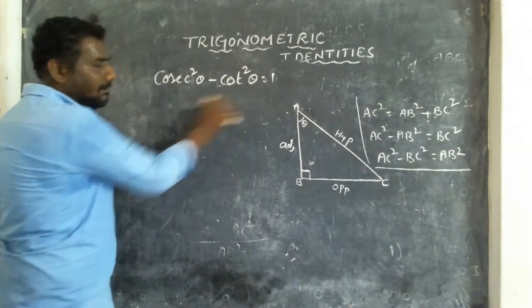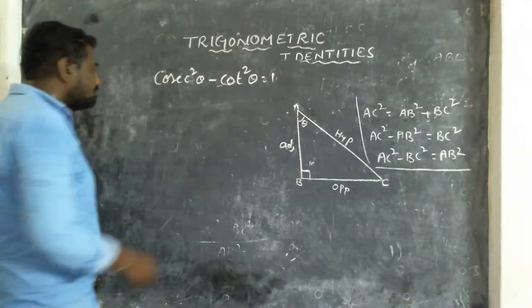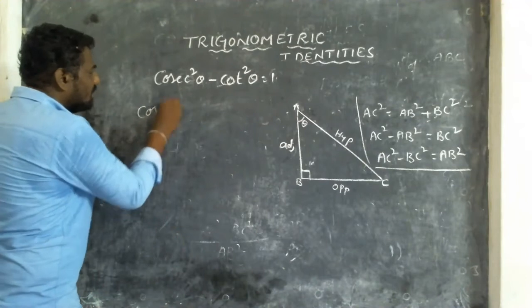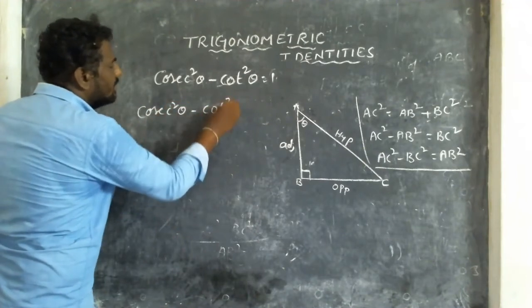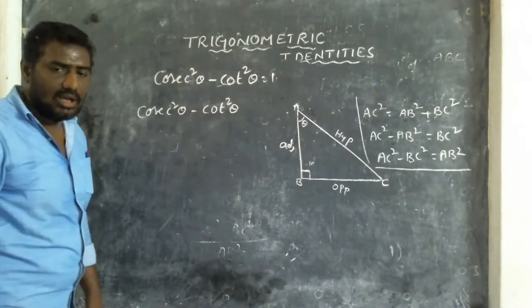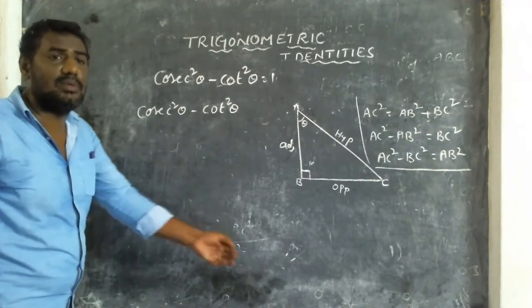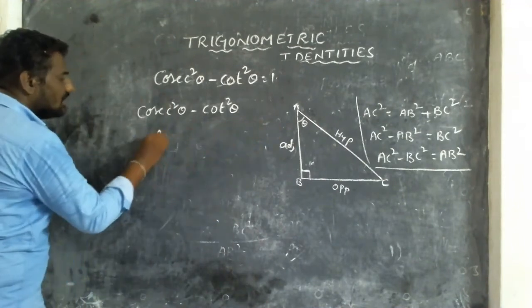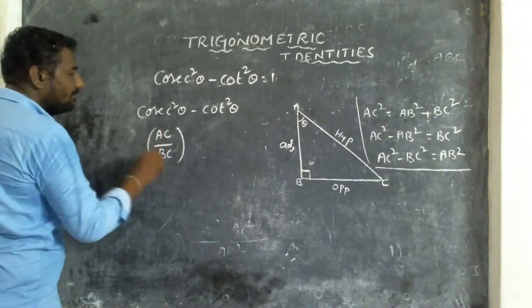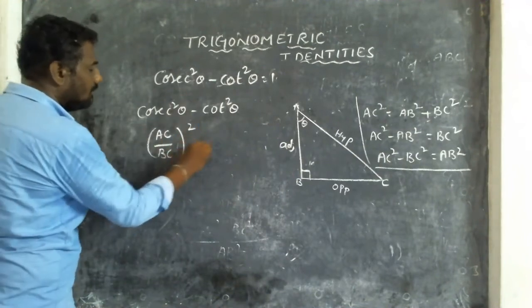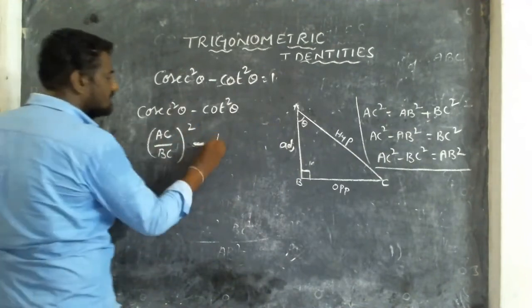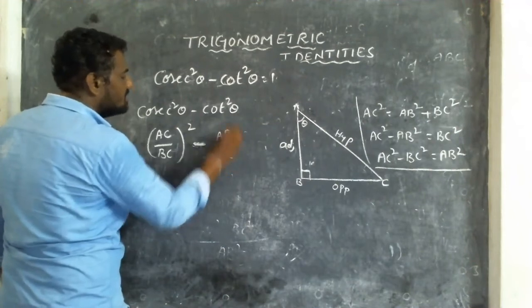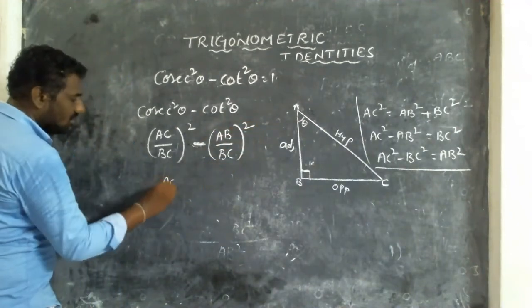Now we'll go for the proof of this third identity. Now we'll go for cosec square theta minus cot square theta. What is the cosec formula? Hypotenuse by opposite. The hypotenuse is AC, opposite is BC. Cot formula: adjacent by opposite. Adjacent is AB by BC.